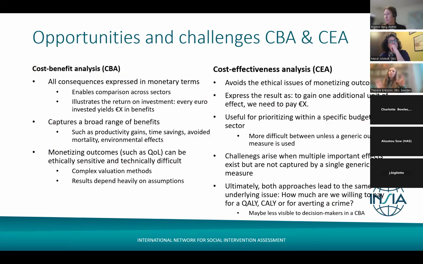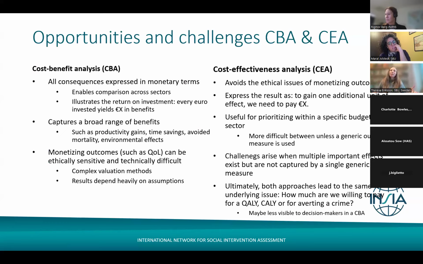So just to summarize opportunities and challenges with CBA and CEA: in a cost-benefit analysis, all consequences are expressed in monetary terms, which enables comparison across sectors. It doesn't matter what outcome measures are relevant because all outcomes are expressed in monetary terms. And it's also easy to illustrate the return on investment.